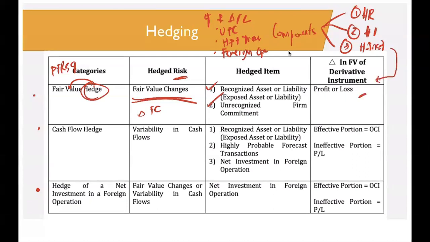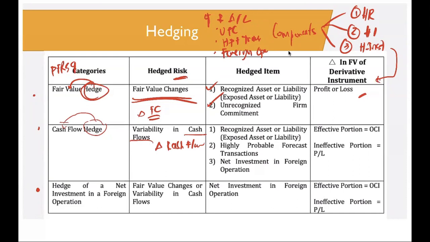Next, we have your cash flow hedge. Your cash flow hedge, what we hedge here is your cash flow. Therefore, what is the risk? The risk is the changes in your cash flow. If a while back it was the change in your foreign currency or your fair value, now it is the change in cash flow. Among the four hedge items, what are the items that can be under your cash flow hedge?